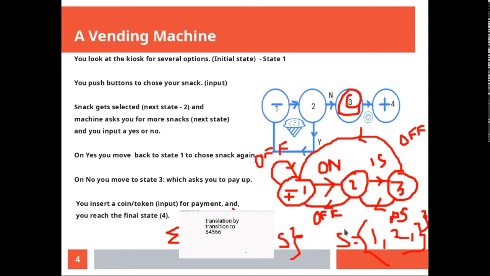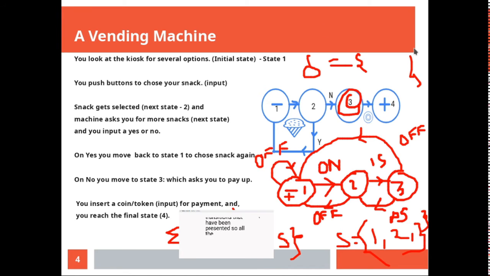There are 6 transitions. These are also countable. So you could represent these transitions in a set called delta, and you could simply say 1 to 2, 2 to 3, 2 to 1, 3 to 2, 3 to 1, and 1 to 1, and so on. So all these transitions could be represented in this.